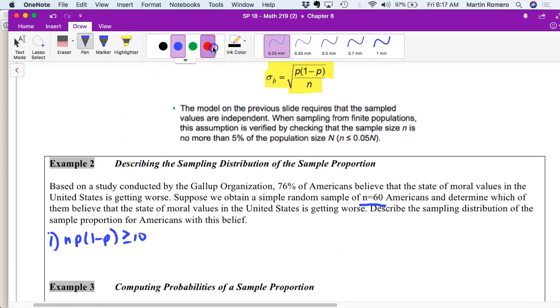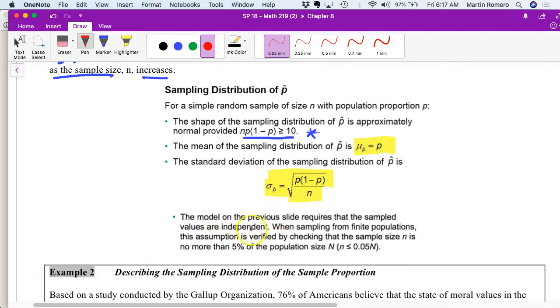Let's do that calculation real quick. n is equal to 60 times 0.76 times 0.24, and you get approximately 10.9. So this is bigger. First condition met.